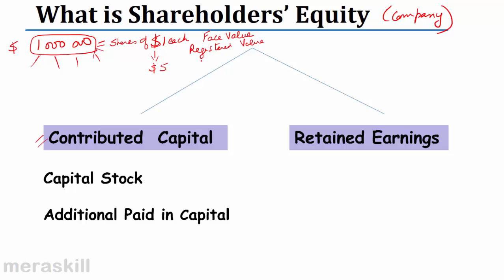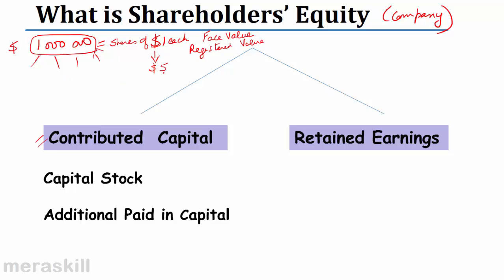That means if I hold one share, since face value is $1 per share, it is recorded against the item called capital stock. That is called the face value. But like I said, the company may issue this share for $5.